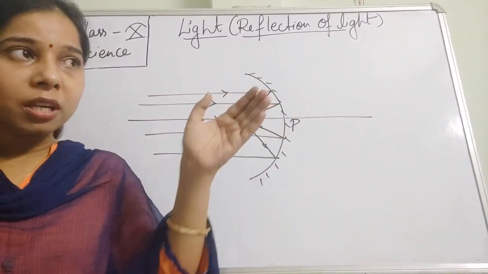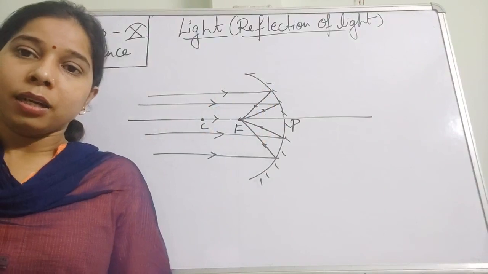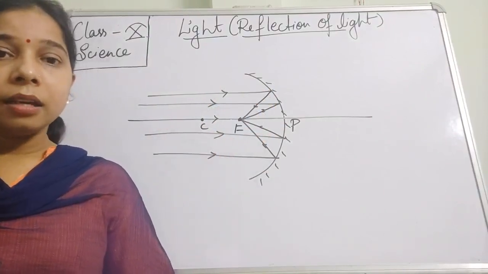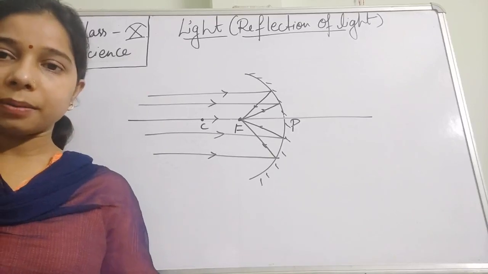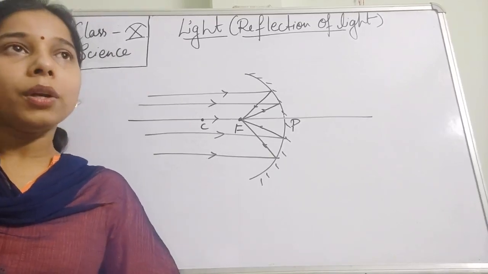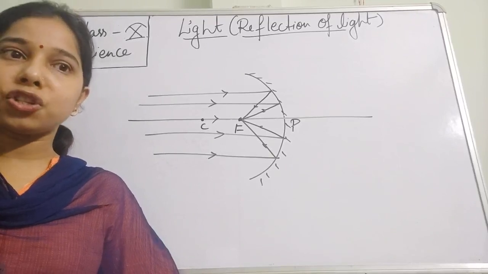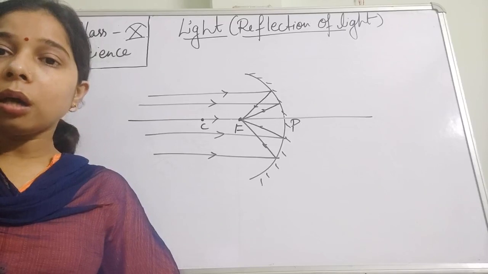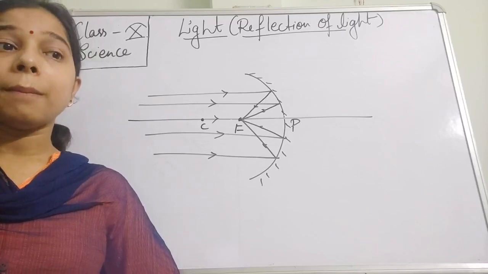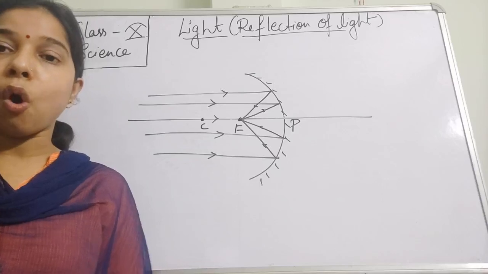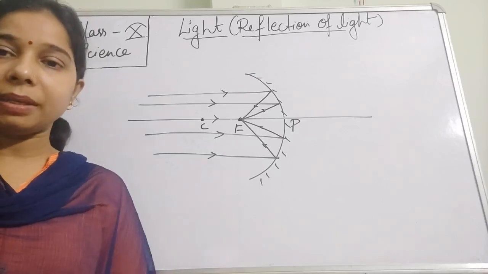The light coming from the sun will fall on the concave mirror surface and get reflected back on the piece of paper. You adjust the concave mirror in such a way that the maximum amount of light falls on the piece of paper.